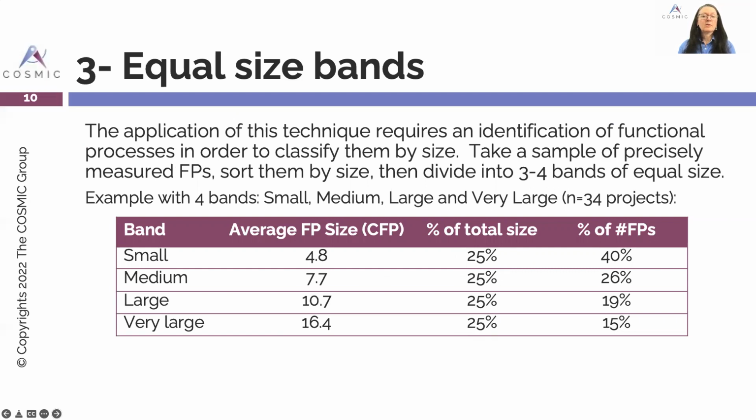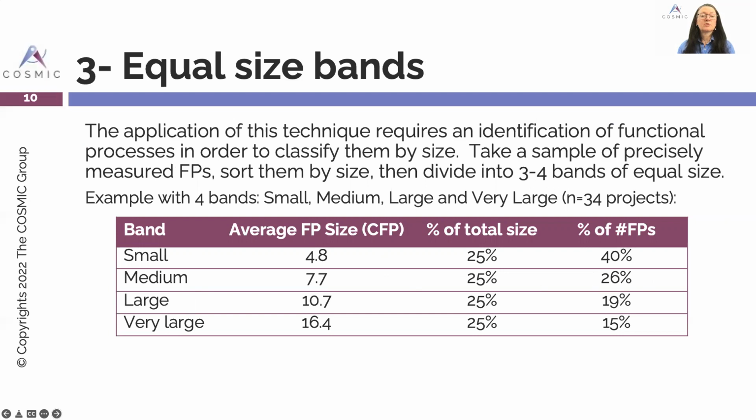For the small one, the average functional process was 4.8, and those functional processes accounted for 40% of the total number of functional processes. The medium one was 7.7 COSMIC function points, represented by 26% of the functional processes.